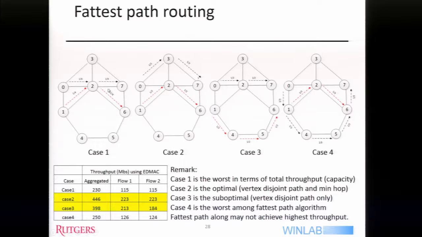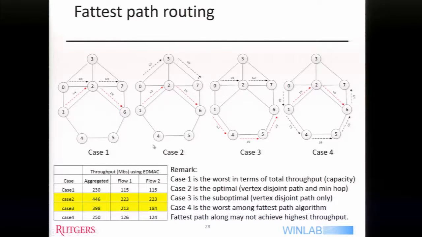The first case is shortest path routing, and the second case is also a route that can be found by the shortest path, because node 0 thinks this is the shortest path. In the result, we can see that if we only use the fattest path, we cannot always outperform the shortest path algorithm, because the fattest path doesn't consider the hop count.